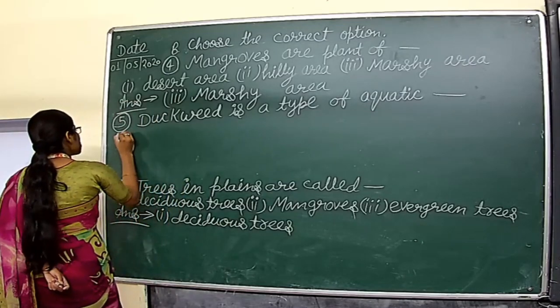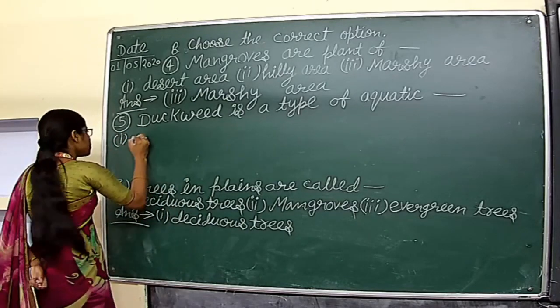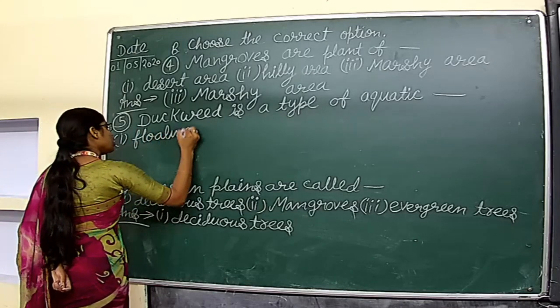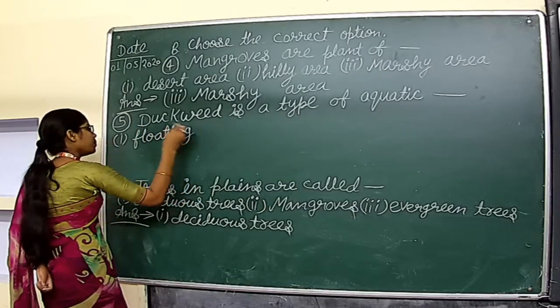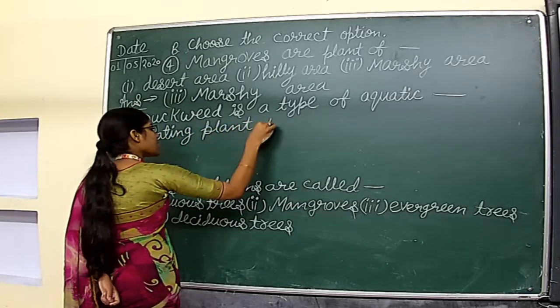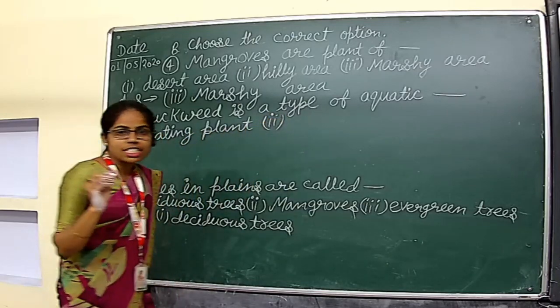The first option given is floating plants. The second option given is fixed plants.